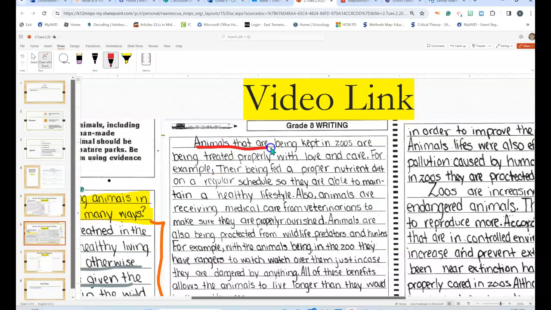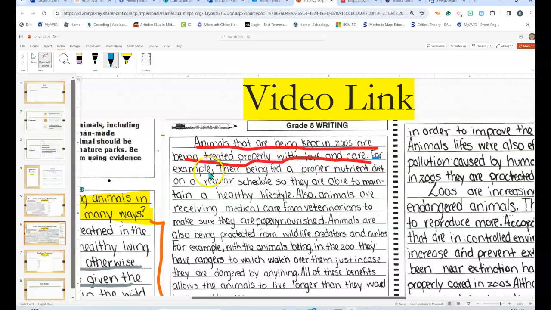This is their first reason. Animals being kept in zoos are being treated properly with love and care. All right? For example, that is a transitional phrase that tells the reader some evidence is coming. So you want to use a transitional phrase to tell the reader, oh, I'm going to get some evidence to support my claim. So let's take our blue.